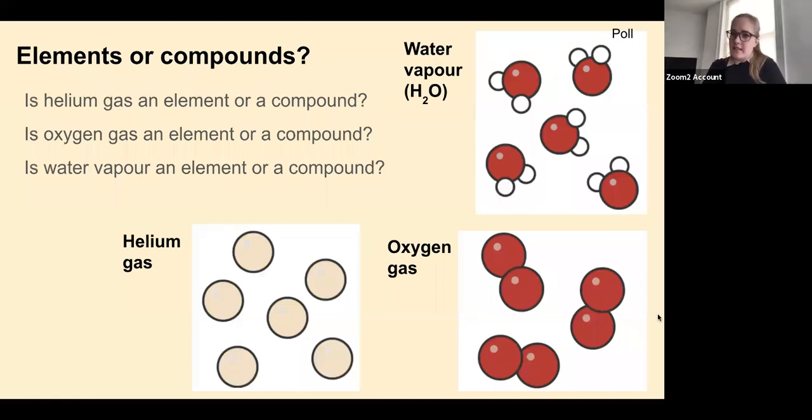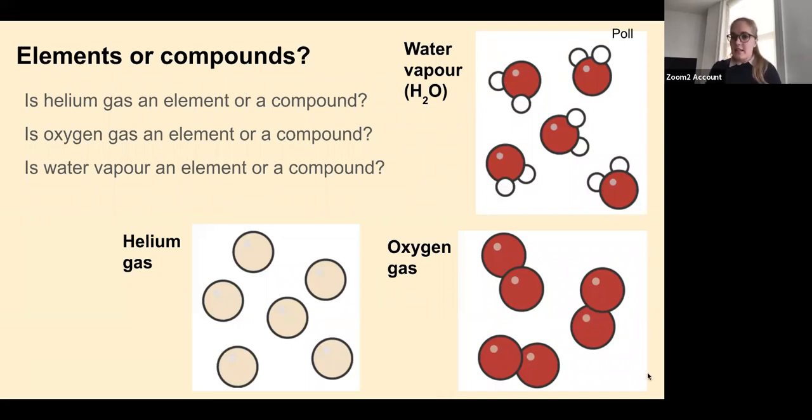What about oxygen? Is oxygen gas an element or a compound? This one was a little more tricky because this sample shows two atoms of oxygen that are bonded together. But this is actually still an element because it only has oxygen atoms. Again, elements consist of only one type of atom, and this only consists of oxygen atoms.